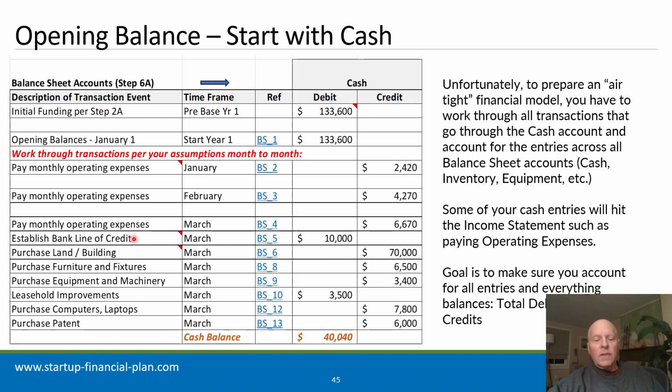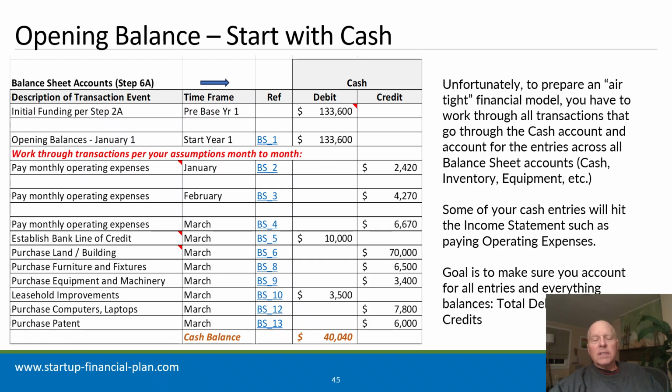You got to revisit the funding plan, and I add a line of credit so that this doesn't go negative. That's what you need to work through. So what you will find invariably as you work through your transactions to prepare the balance sheet, there's a very good chance you're going to have to go back and rework the funding plan a little bit.